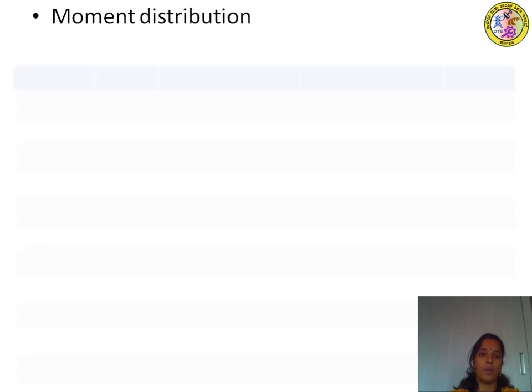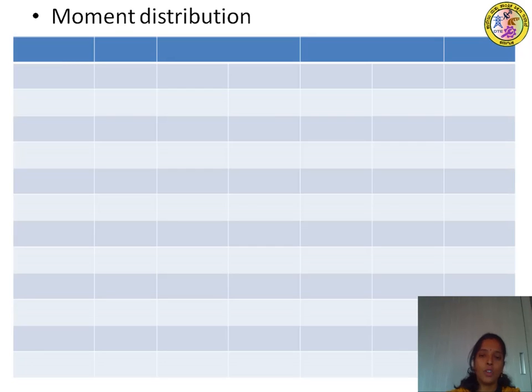Next step is to distribute the moments, that is moment distribution. So again, the distribution is carried out in the form of a table. In the first row, we will write the joints of the given beam. So the first joint is joint A, second one is B, third one is C, and the fourth one is D. Next, in the second row, we will write the members meeting at each joint.